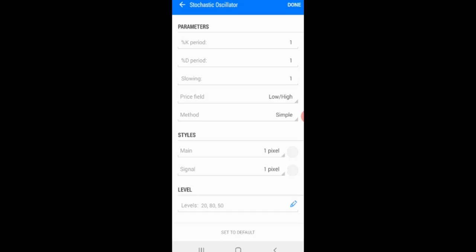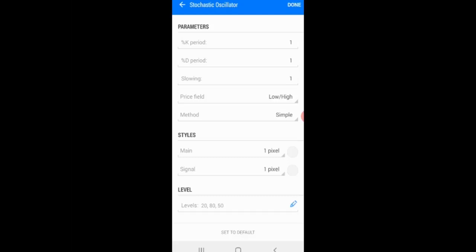The slowing is 1, price field low/high, method simple, 1 pixel, then the levels 20, 80, 50. Just the way you see it on the screen now, this is how you should set your stochastic oscillator.